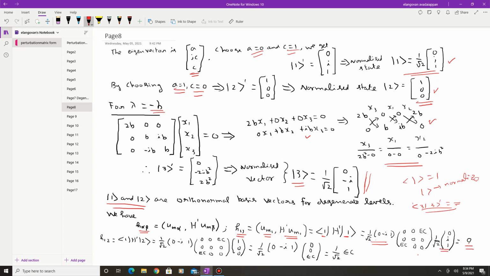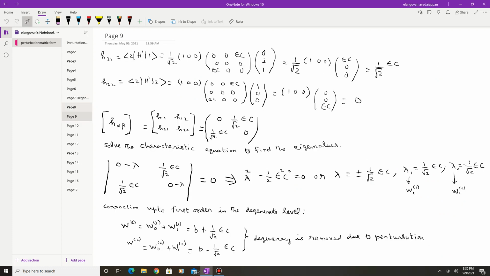Similarly, H12 element means bra 1, H prime, ket 2. So you have to find this one, and once you substitute this value, you get this expression for H12. Similarly, H21 is bra 2, H prime, ket 1. So you know this expression of 2 and 1.